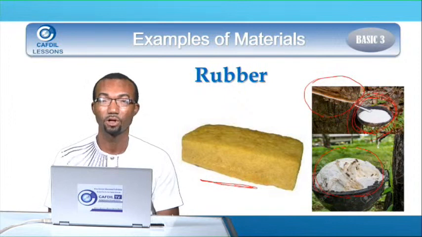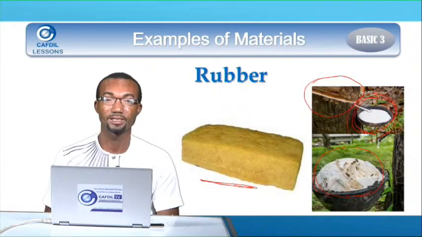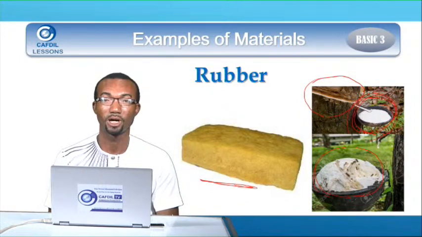So we get rubber from trees, and rubber is also an example of material that surrounds us.